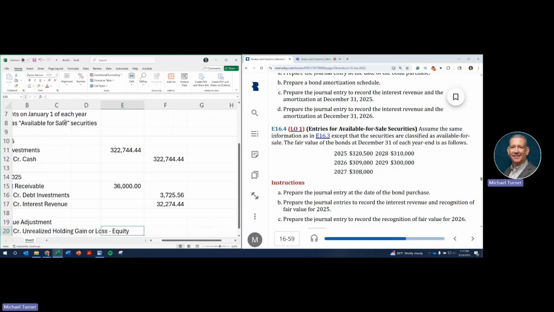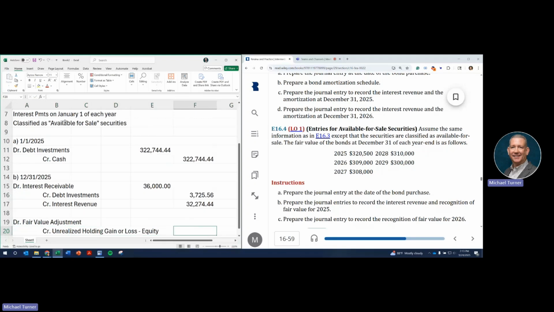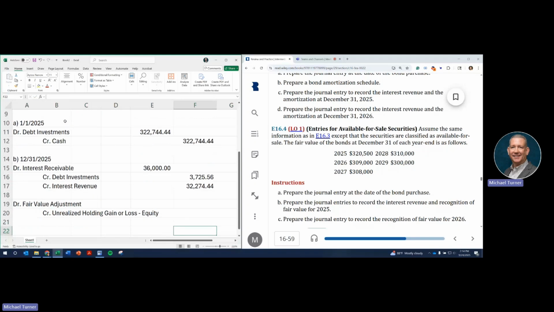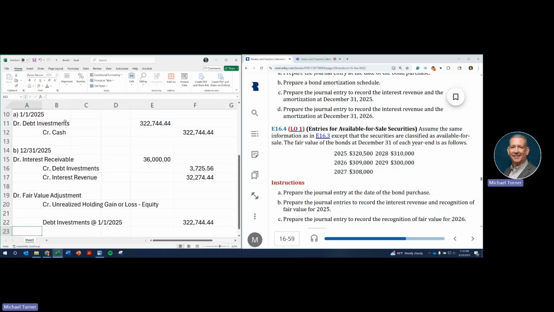So the unrealized holding gain or loss, in this case, it's going to be a gain. And the reason for that is that we will look at our carrying value and we will adjust accordingly. So let's calculate what our carrying value is. Let's see, debt investments at 1/1/2025, and that amount was $322,744.